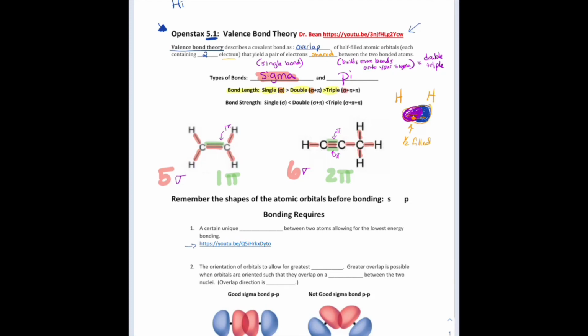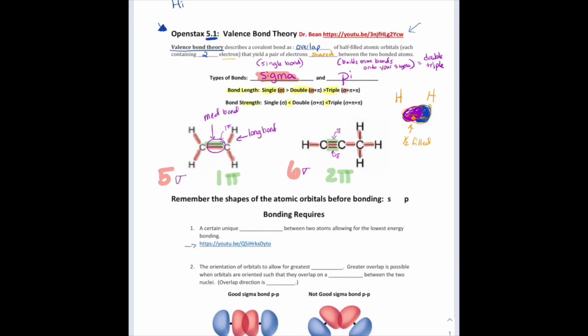Now notice that for strength. So here's your strength. Watch what happens with your little arrows. Do you see how it's reversed? So if we were looking at these molecules, this would be a long bond, and this would be kind of a medium length bond taken together.